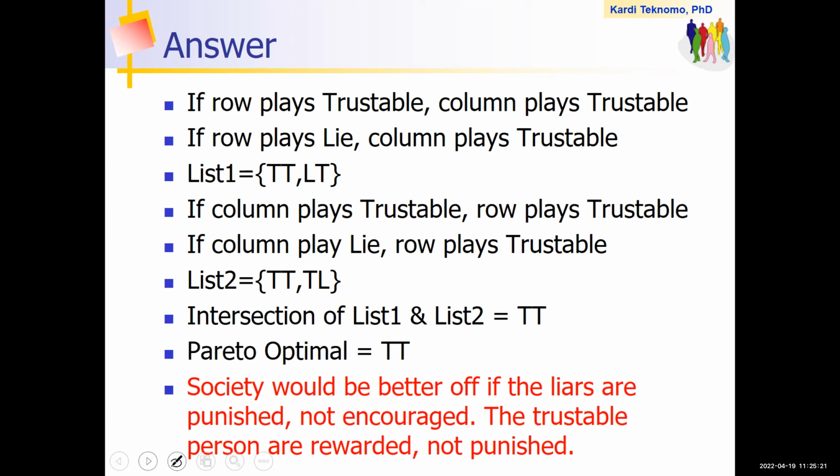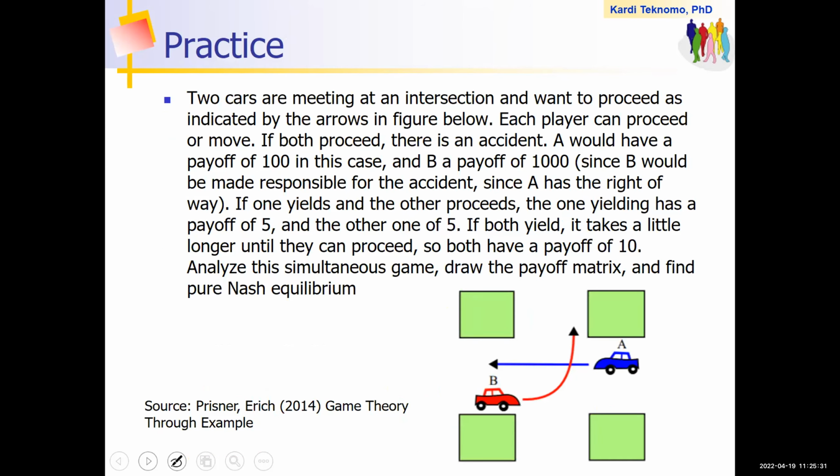Actually, China started to make this kind of system, isn't it? Using their mobile. So you can also practice if you want. You can see here there is a real world situation in the intersection where you can see how accidents may happen, and based on this you can create the payoff matrix and then find the Nash equilibrium for this.